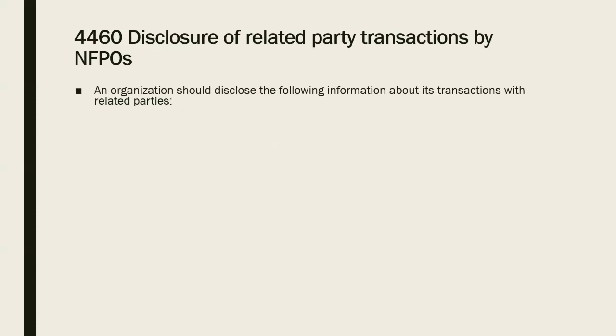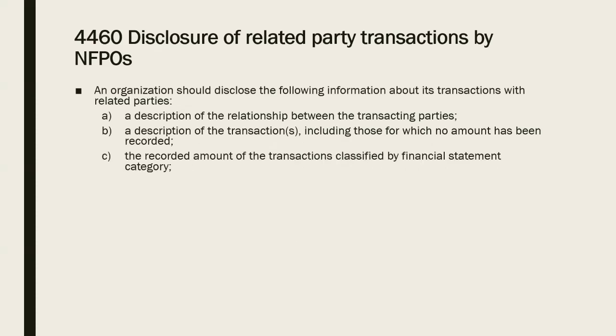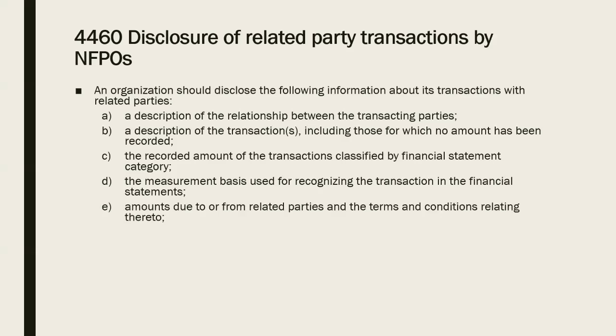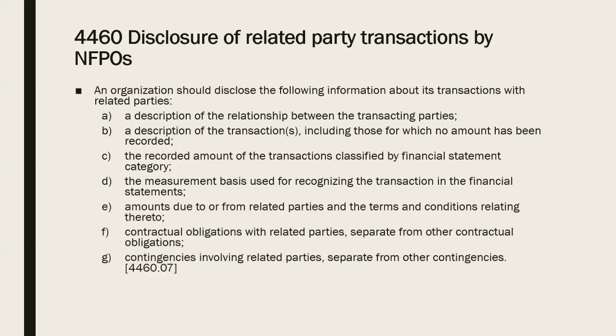There are considerable amounts of disclosures needed, including a description of the relationship between the transacting parties, description of the transactions, including those transactions for which no amount's been recorded, the recorded amount of the transactions classified by financial statement category, the measurement basis used for recognizing the transaction in financial statements, the amounts due to or from the related parties, and the terms and conditions relating thereto, contractual obligations with related parties separate from other contractual obligations, and contingencies involving related parties separate from other contingencies.